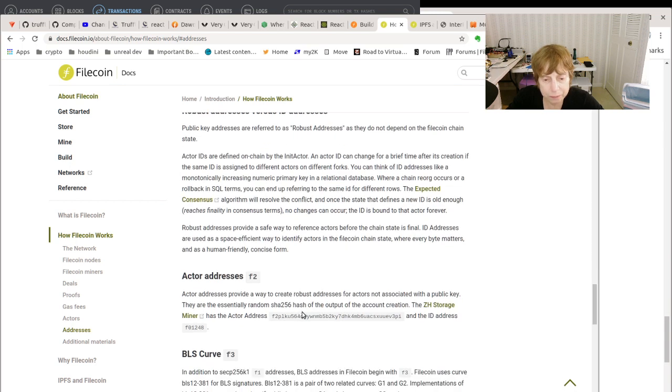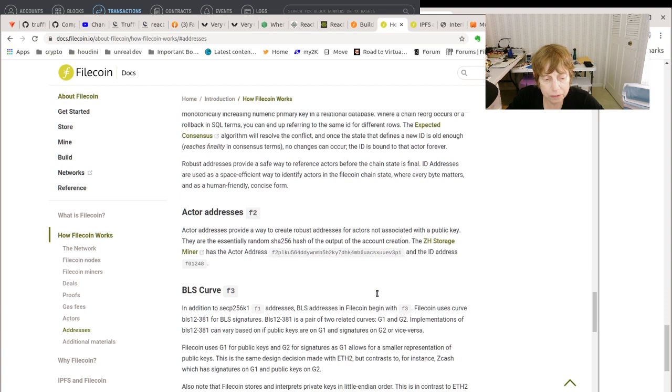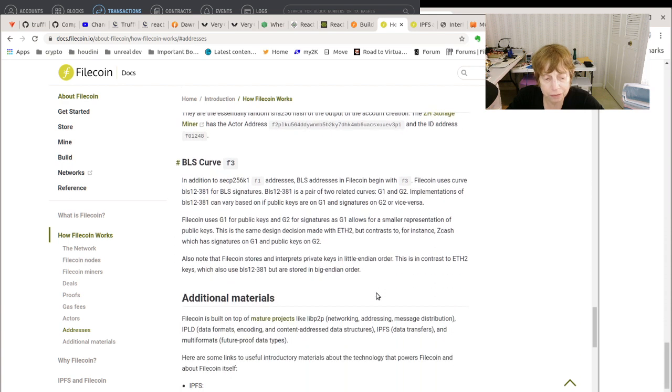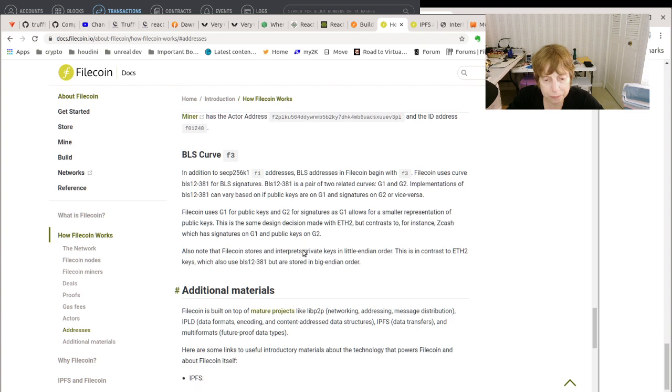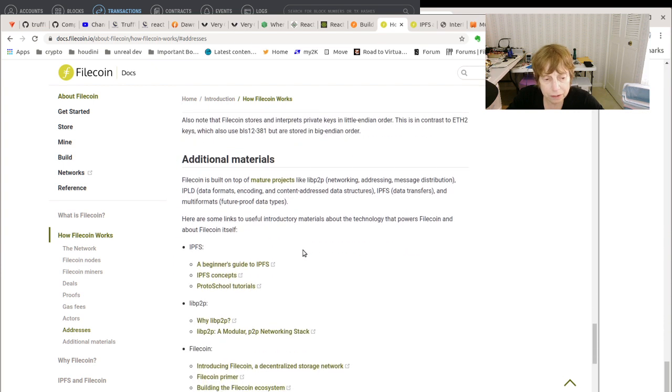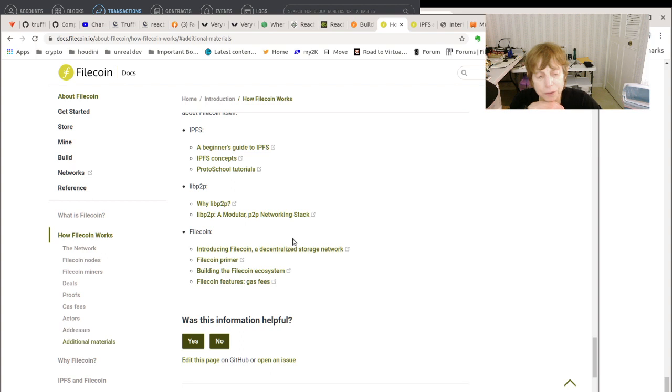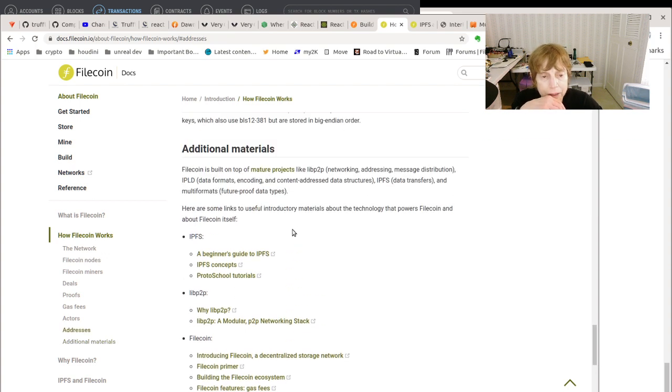So there are various different kinds of IDs here. And of course, we will be talking further about some of the technology that it's built upon. And I think this is one of the most interesting, is the storage.